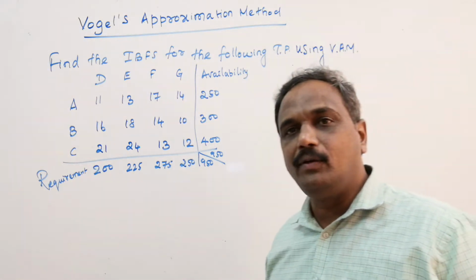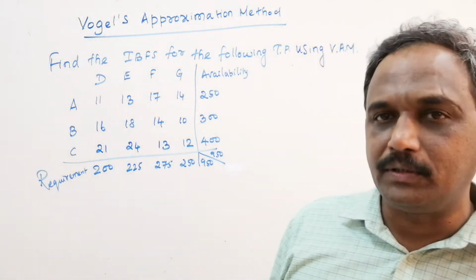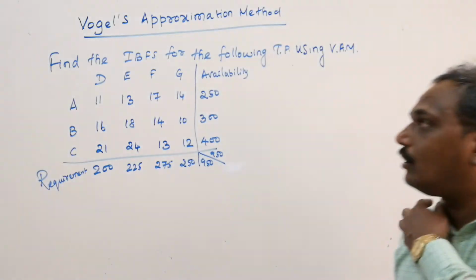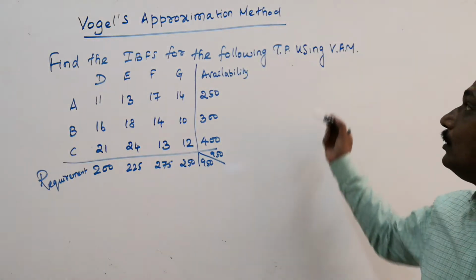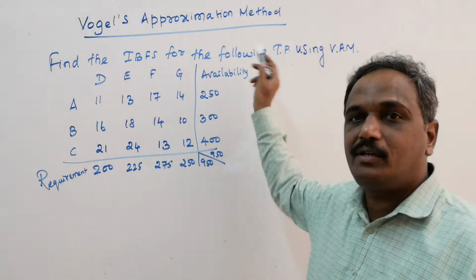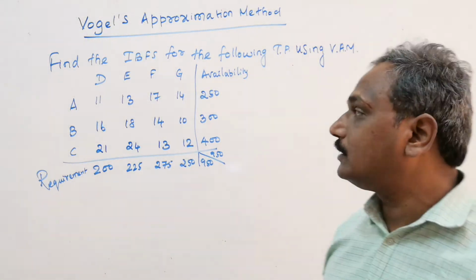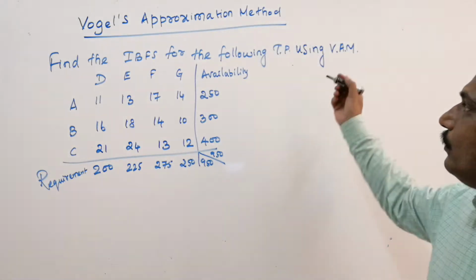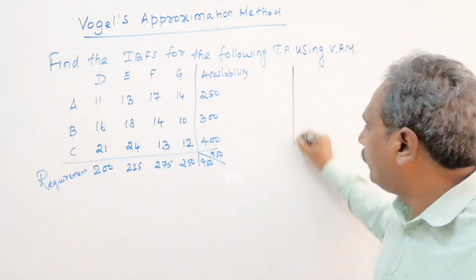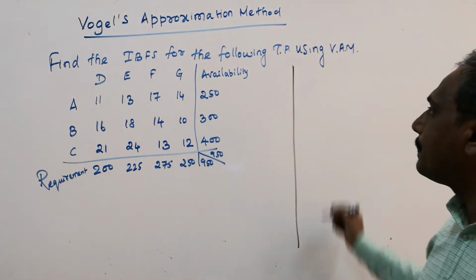In the previous video, we discussed the least cost method. Here we are going to discuss Vogel's approximation method. How are we going to use this method? What are the steps we are going to follow in this?